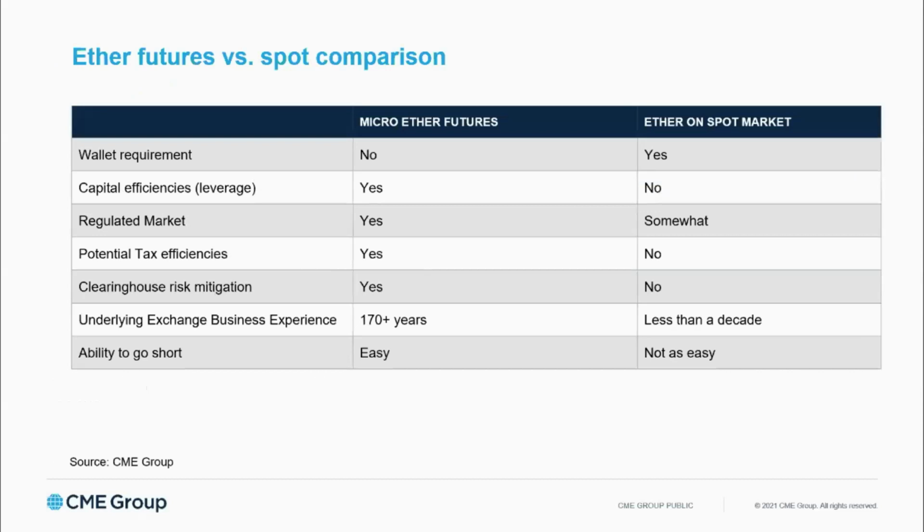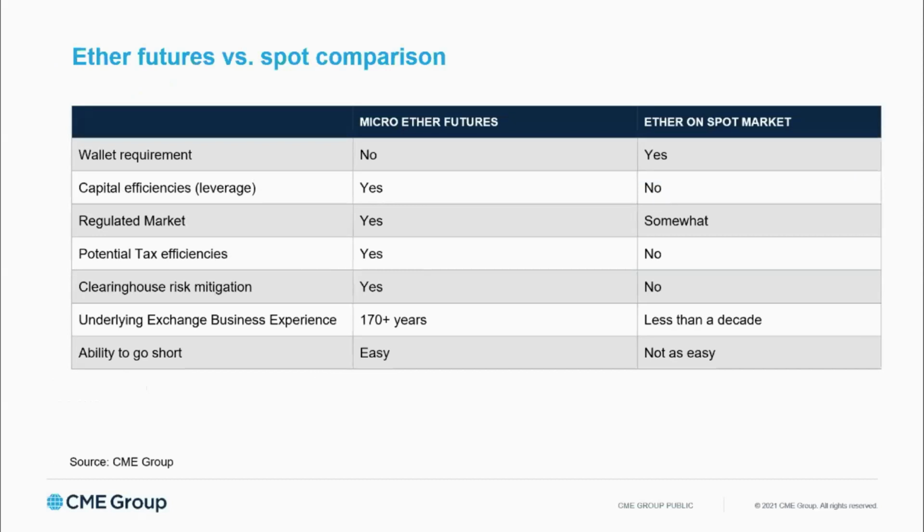And then keeping on that theme, when you compare our markets versus the spot market, there's no wallet requirement if you're trading our micro Ether futures or any of our crypto futures or options at CME Group. If you're trading on a spot market, there most likely is a wallet requirement. Are there capital efficiencies with our contracts?